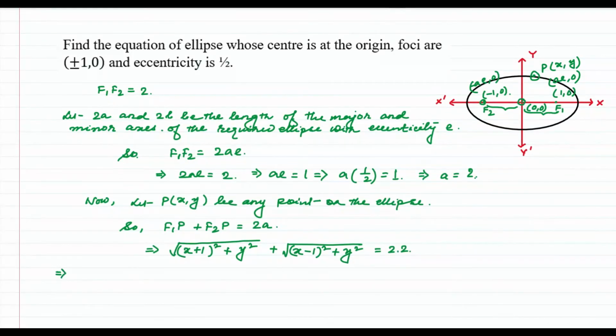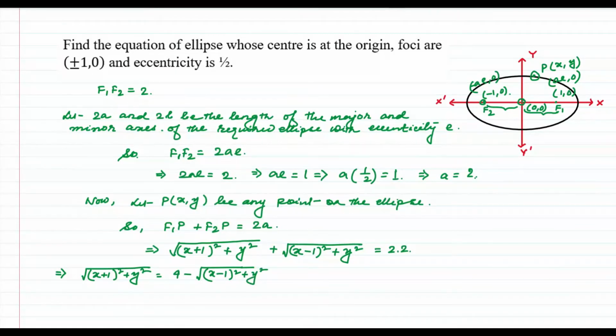Now keeping this term on the left side and taking the other term to the right side, then we have to square both sides.